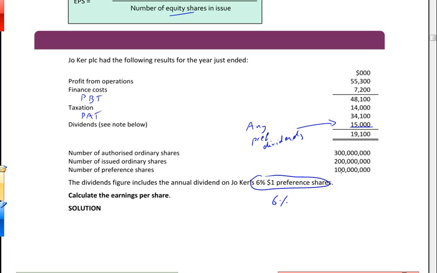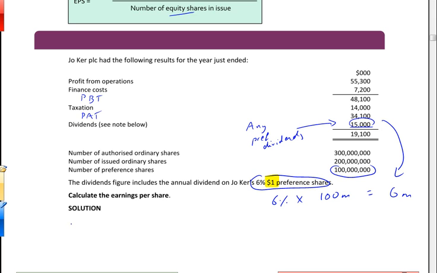So we have 100 million preference shares, each of a nominal value of $1. So 6% multiplied by 100 million will give us the preference share dividend. If we work out 6% of 100 million, that's obviously 6 million. So that 15 million of total dividends includes 6 million of preference share dividends.